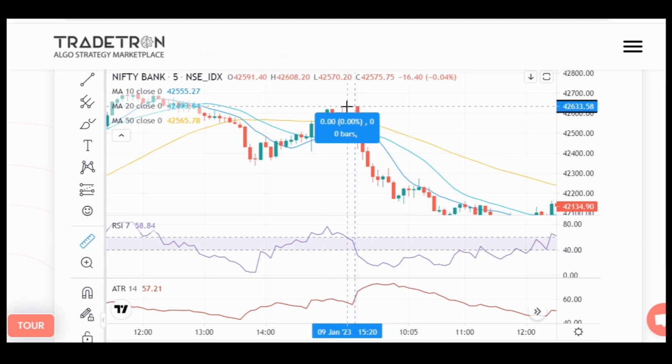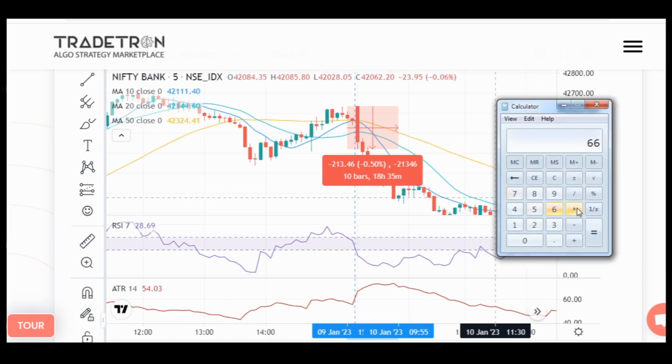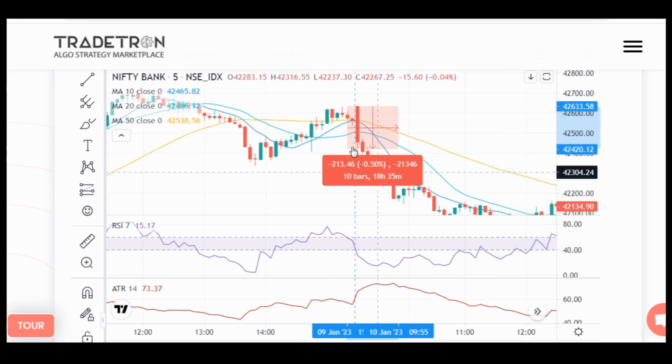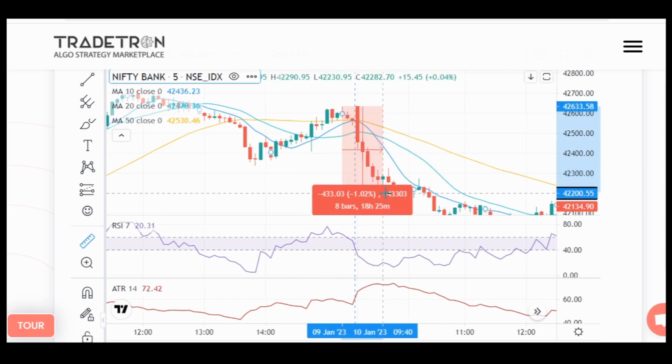So let's check the SL and our ATR range. SL is around 213 points and ATR was at 66. So you need to calculate 66 into 2.3. Our modified version's SL range comes to 151 points, while the original SL here was 230, and due to that our 1:1 risk reward target was also big.